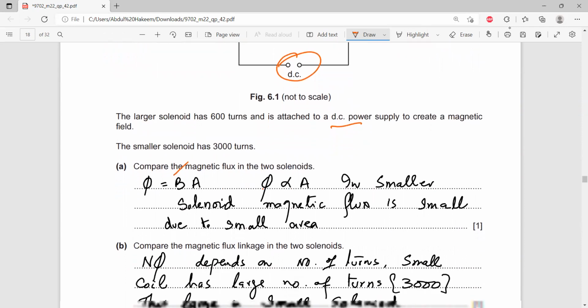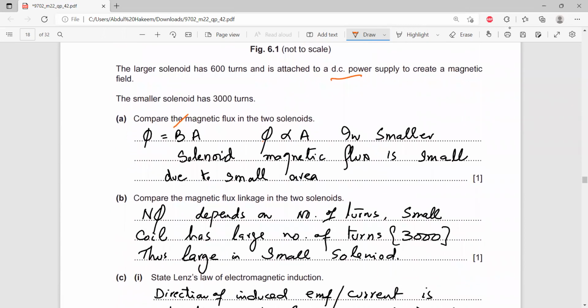Now, part B is to compare the magnetic flux linkage, and magnetic flux linkage depends on the number of turns of the coil. So N phi depends on the number of turns. The small coil has a large number of turns, written here 3000, and the large has 600.